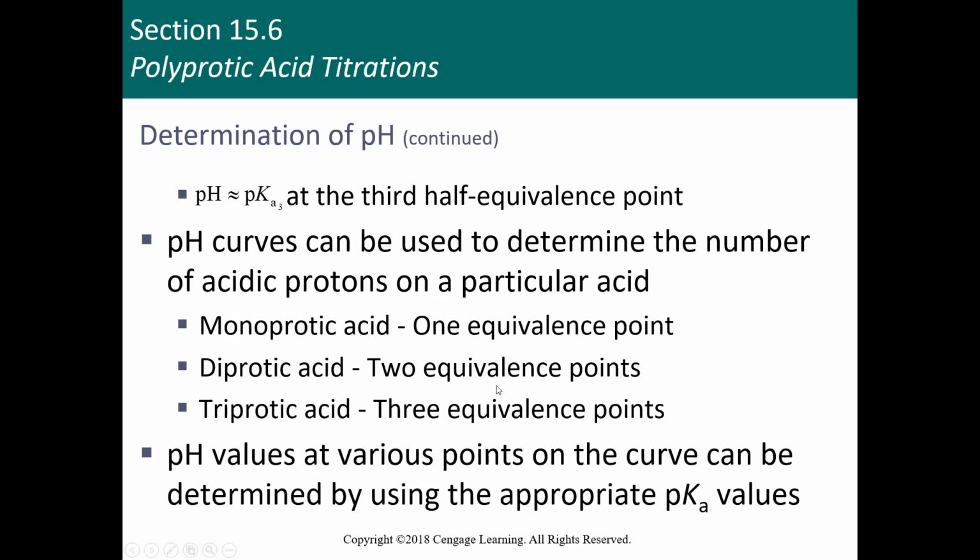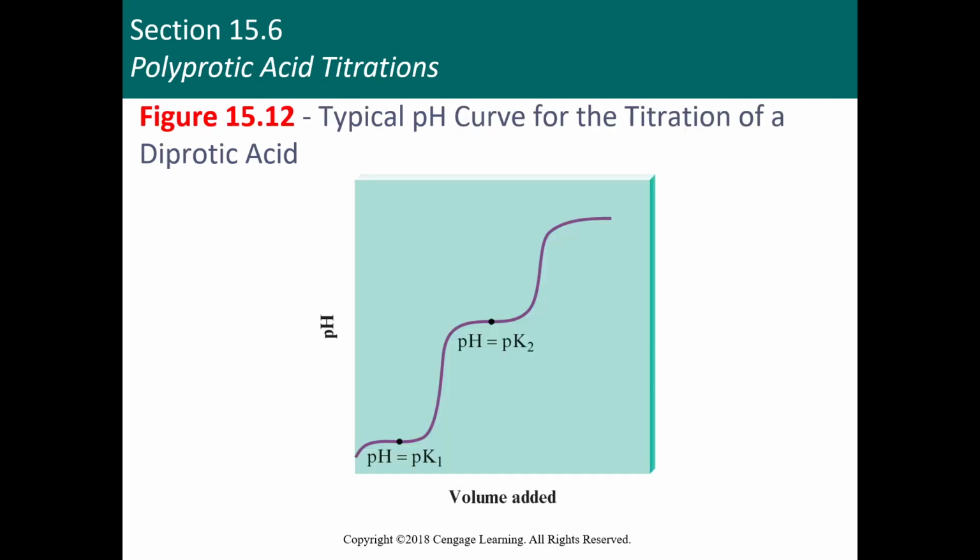If you see 2 equivalence points, so you have 1, 2 rapid gains, you have a diprotic acid. And if you have 3 equivalence points, of course, you have a triprotic acid. The pH values at various points on the curve can be determined by using the appropriate pKa values in a Henderson-Hasselbalch equation. So, again, the half equivalence points are always going to be pH equals pKa.